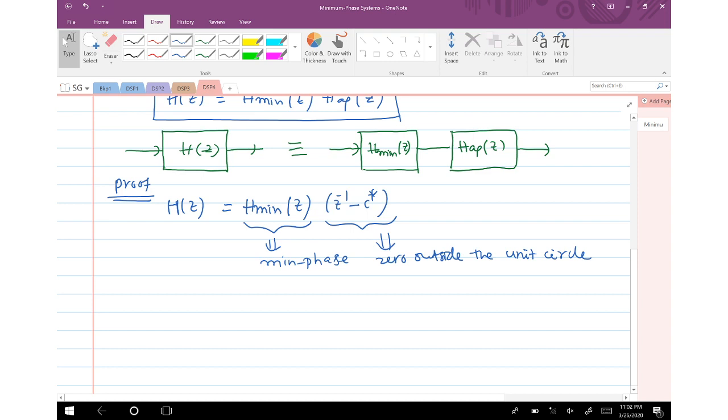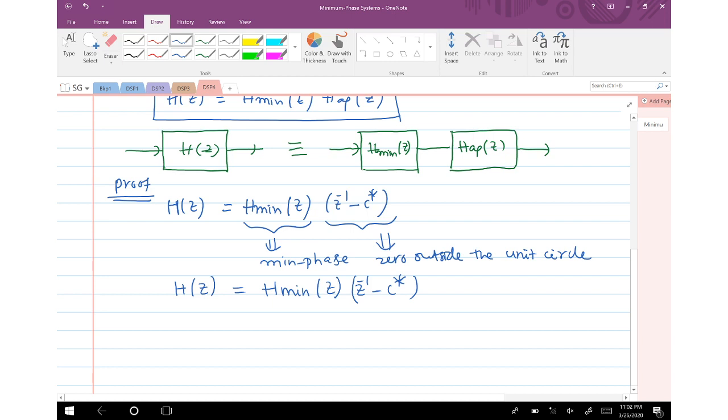we have already discussed in the minimum phase and all-pass factors that let's keep H_min(z) the same. Okay, (z^-1 - c*), let's multiply it with a function that has another zero which is inside the unit circle.